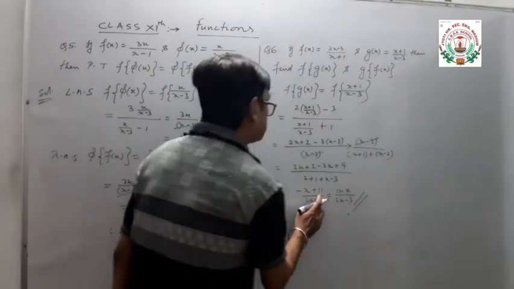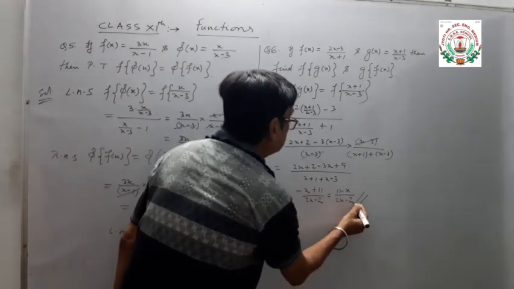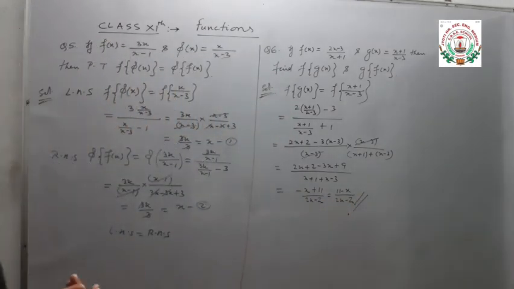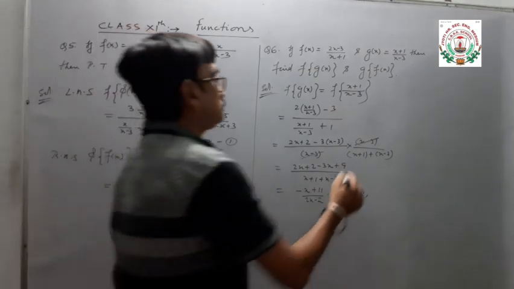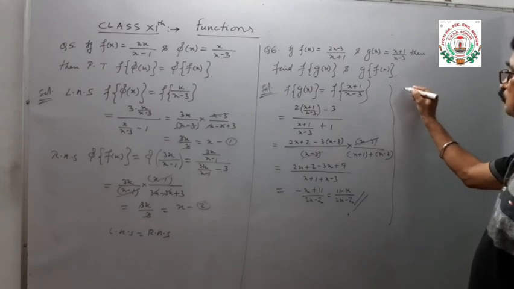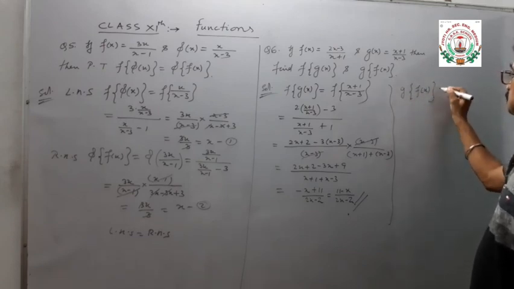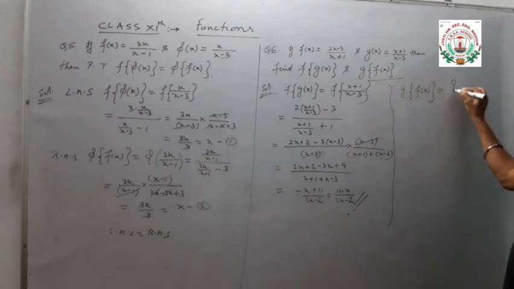Sorry, 1 minus 3 here will be minus 2. So it will be 11 minus x upon 2x minus 2. In the same way, now you can calculate the value of g of f of x. This part you solve on your own, it will be homework.